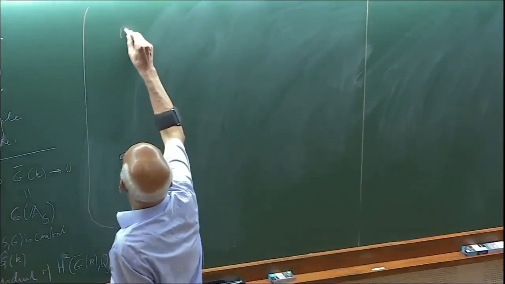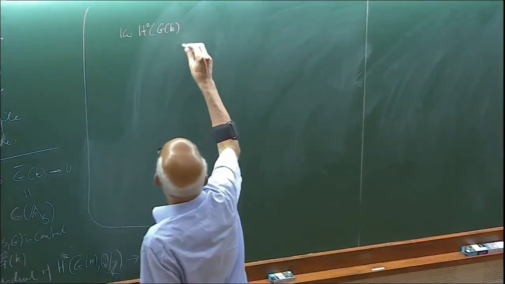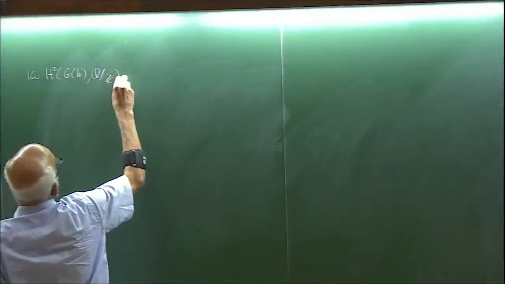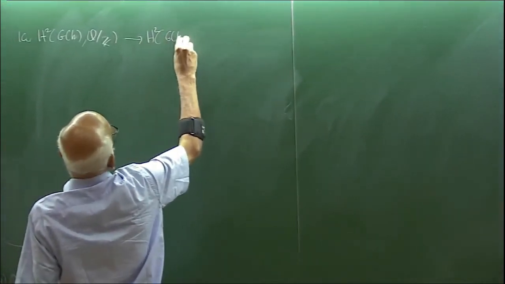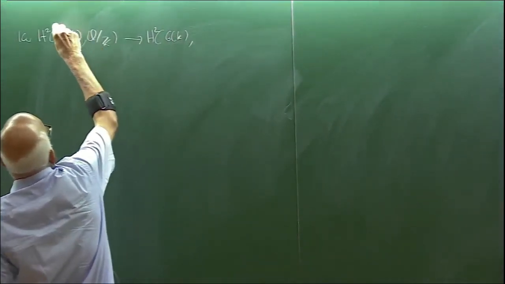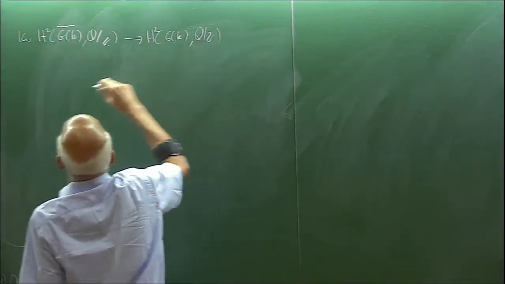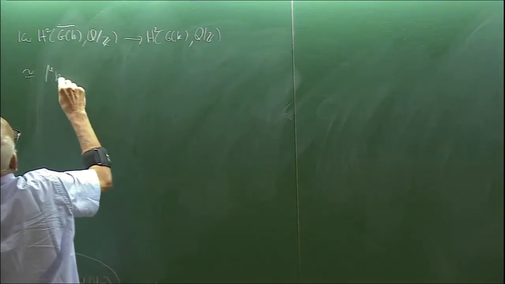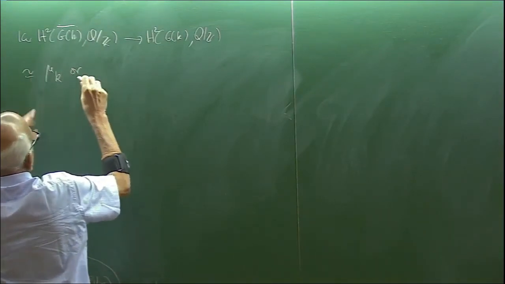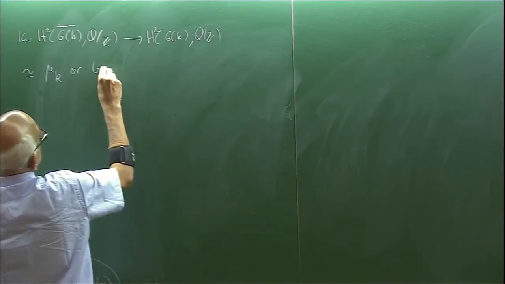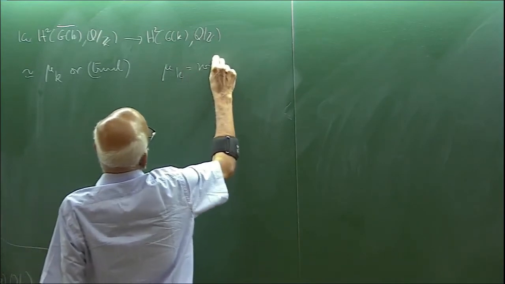So the kernel of H2 GK Q by Z to H2 G bar K is isomorphic to mu K. Actually, one knows that it's either mu K or trivial, mu K being the roots of unity in K.